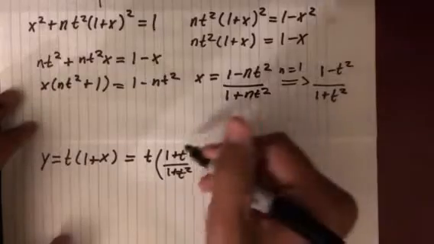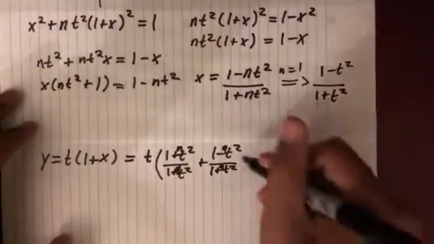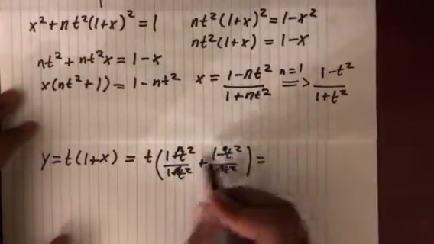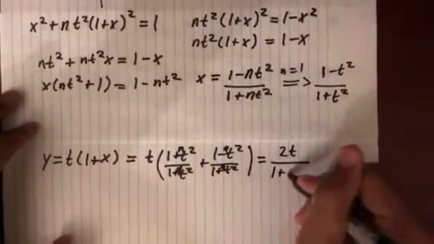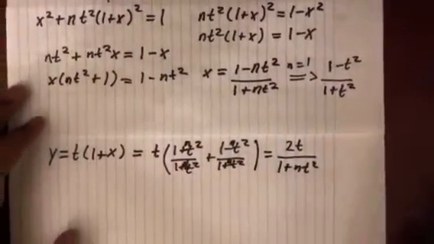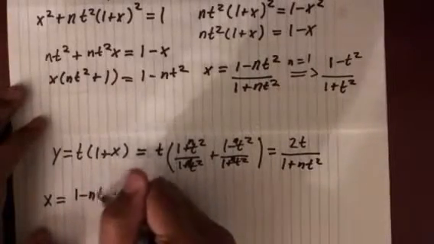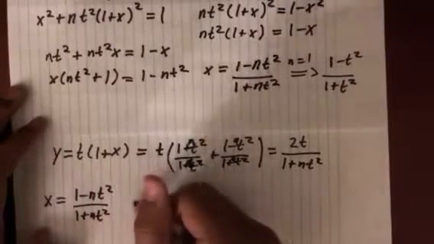So there's an n here, an n there, an n there, an n there. And then you get, well, these n t squared and minus n t squared cancel out. So you get 2t on the top and 1 plus n t squared on the bottom. So finally, these are our solutions.